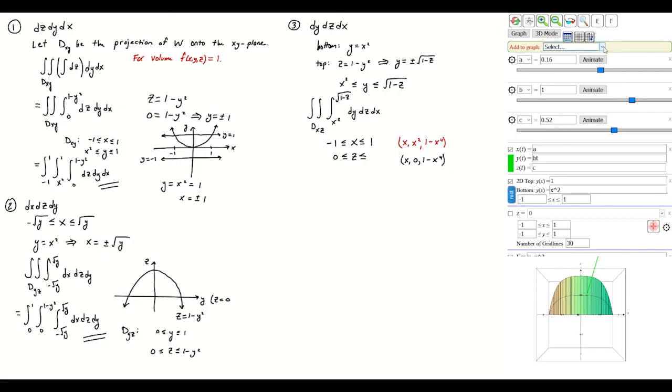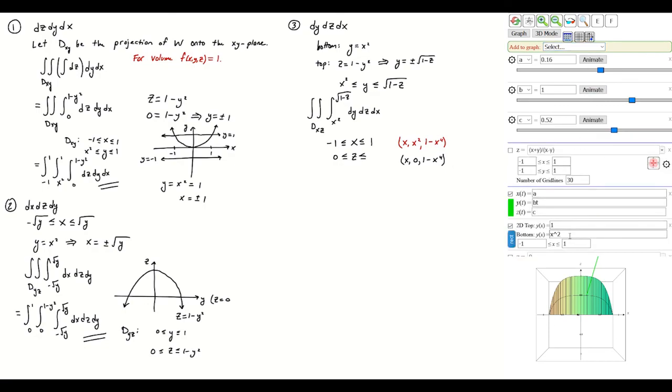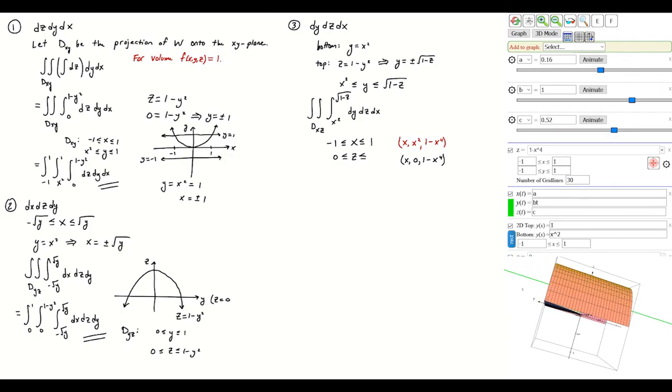We can check this by adding a function, z equals a function of x and y. We'll edit it to be 1 minus x to the fourth, and there we go. Perfectly encompassing that. So that is actually the upper bound surface that we're looking for in the xz plane.